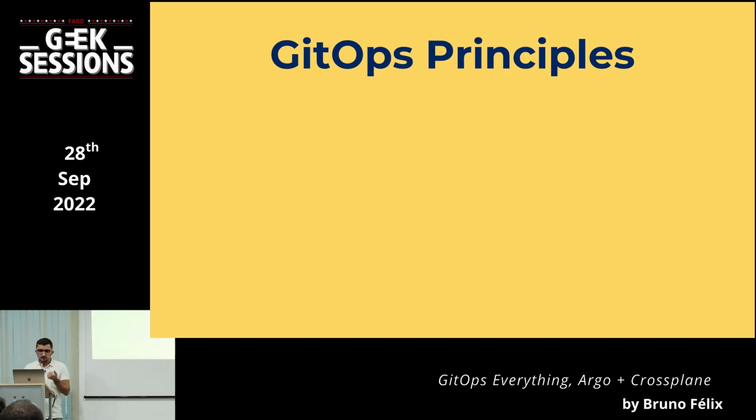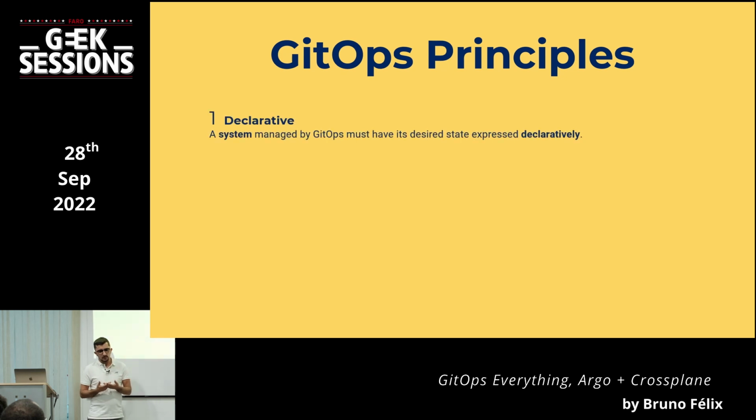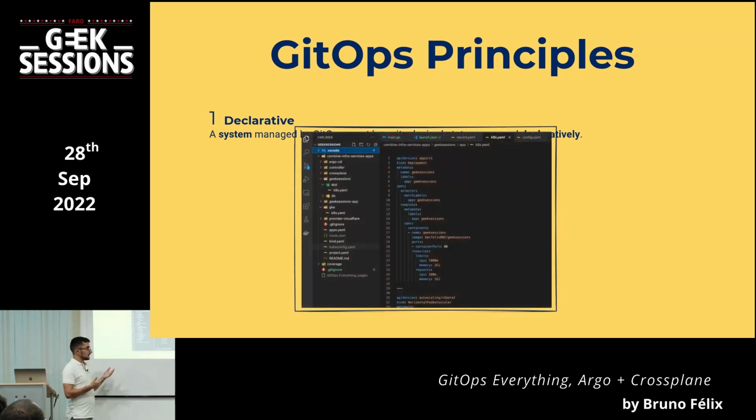The first principle: to start a GitOps workflow, we have to be declarative. Our code, our configuration, everything that we manage must be declarative. A system managed by GitOps must have its desired state expressed declaratively, and by that we mean our code.